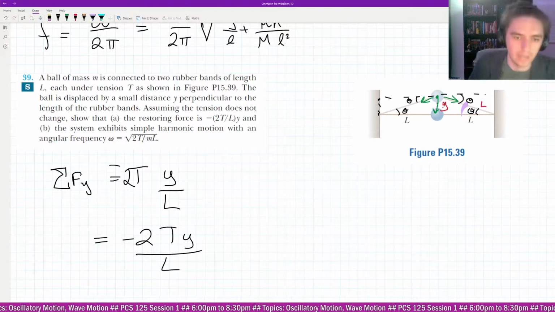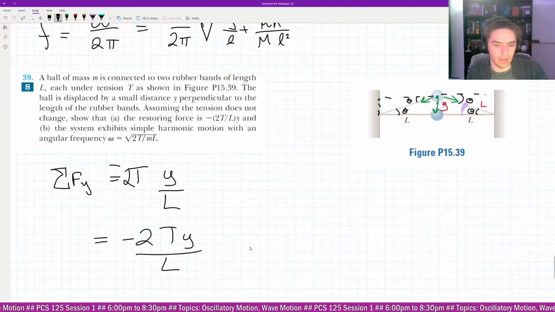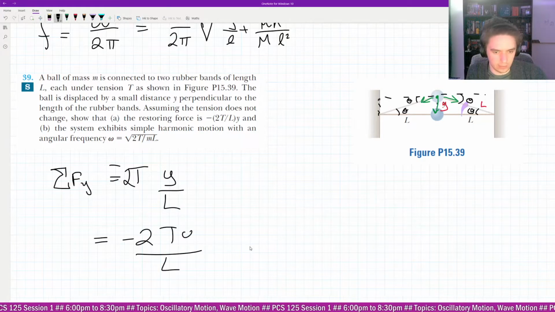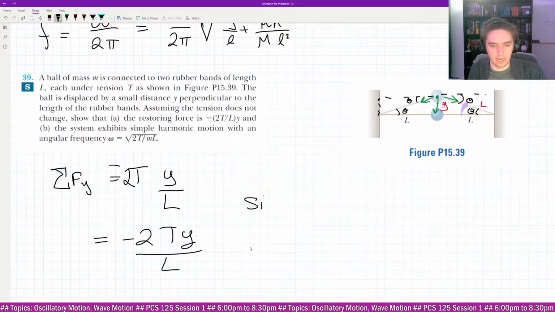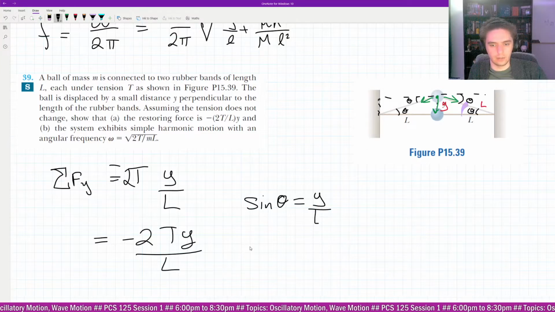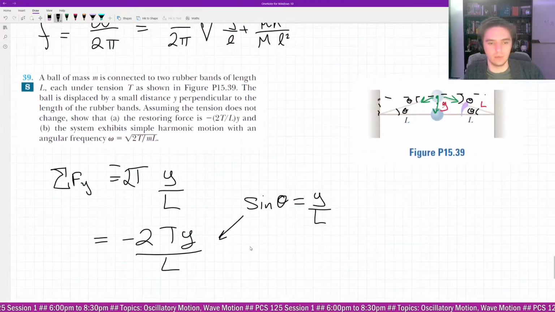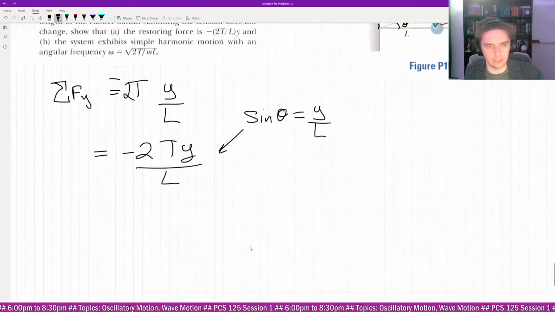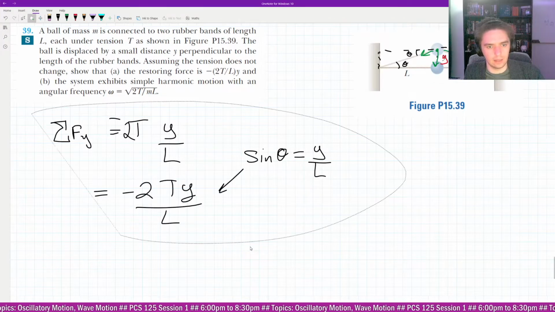Okay, we got that much. So the restoring force is negative 2Ty over L. Y is that little displacement divided by the length. So what I just did here is that sine theta equals y over L. Did you get 2T again? 2T because it was here, you know what, I should rewrite. Right, because there's 2 bands?